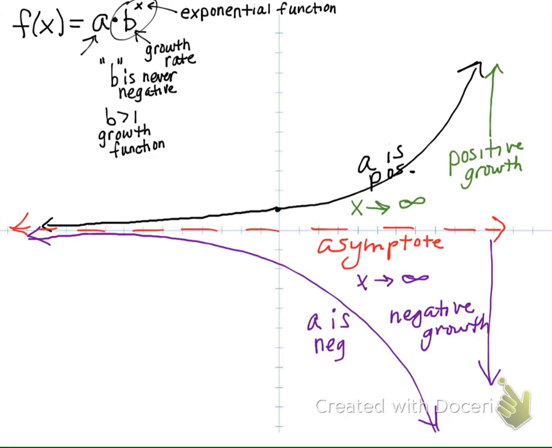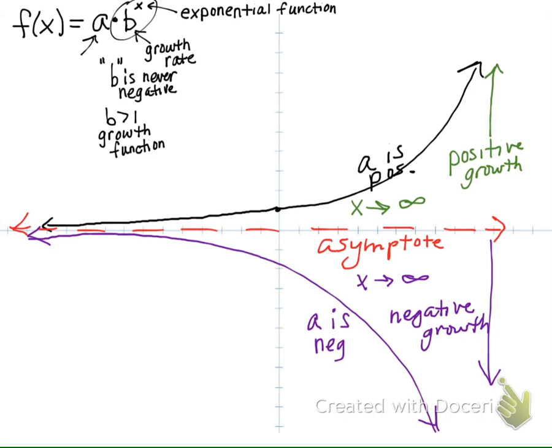The purple one there, even though it's going down, is still a growth function because it's moving away from the x-axis. It's getting bigger and bigger because it's moving further and further away. It's about the distance away from the x-axis. That's what's making it growth.